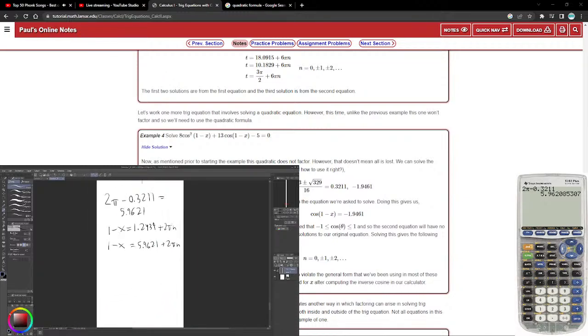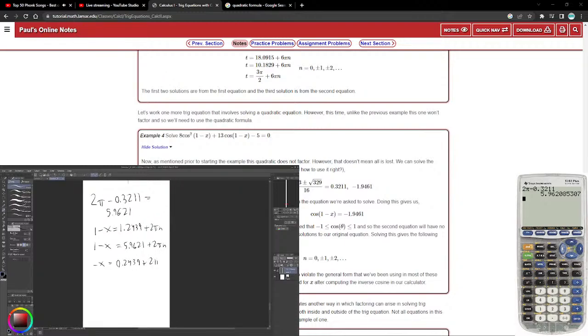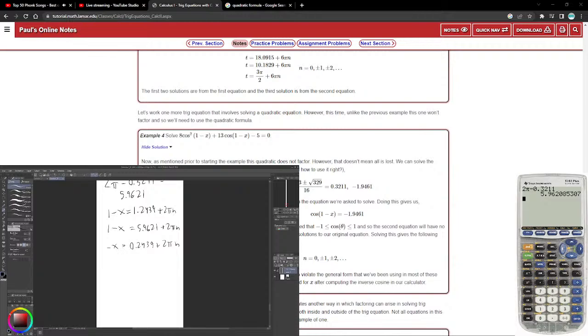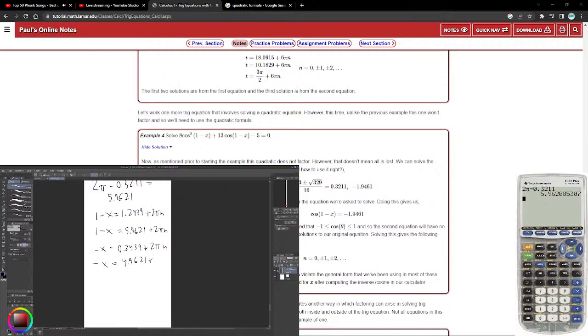So I can subtract the 1. Negative x equals 0.2439 plus 2 pi n, and negative x equals 4.9621 plus 2 pi n.